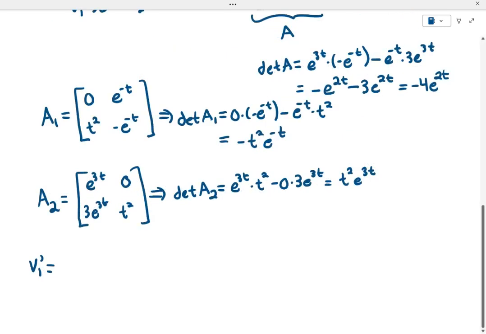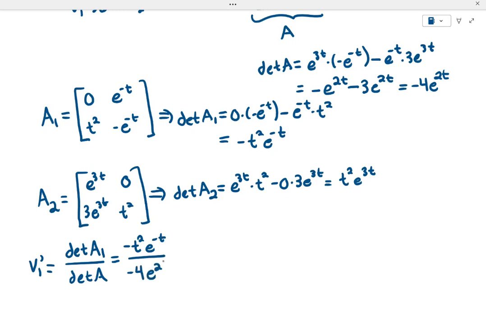Cramer's rule says that v1 prime is equal to the determinant of A1 divided by the determinant of A, which equals negative t squared e to the negative t divided by negative 4e to the 2t, which equals 1/4 t squared e to the negative 3t.